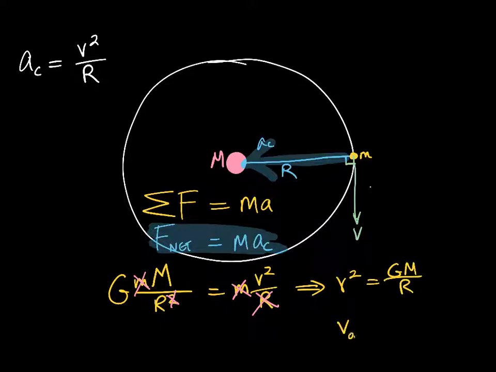Which means the orbital speed that maintains that radius is the square root of Newton's constant times the mass of the body that's providing the center-seeking acceleration, over that separation distance that I want to keep constant. So this orbital speed equation applies to anything trying to orbit anything, because Newton's big G constant applies everywhere in the universe.